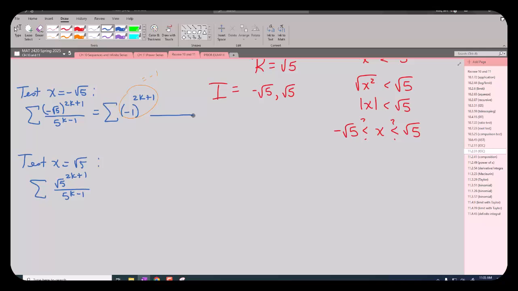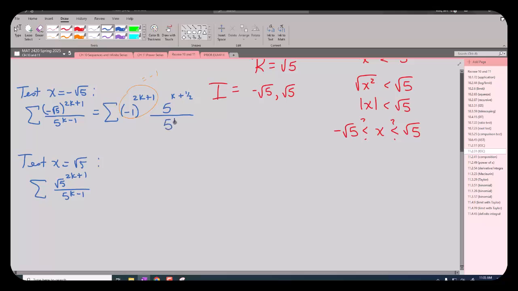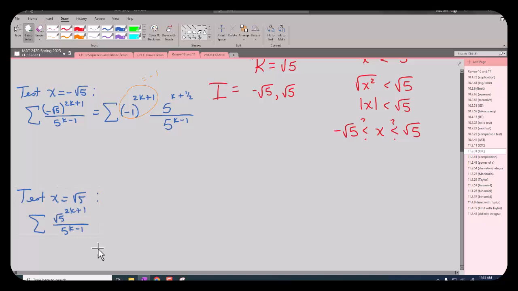So if we rewrite it, that's going to be 5 to the 1/2 times 2k, which is k, plus 1/2. That's going to be the numerator. And the denominator, we have 5 to the k minus 1. So that's where we're at. Then we figured out that that's not really a switch, it's a minus, so let's just pull it to the front.